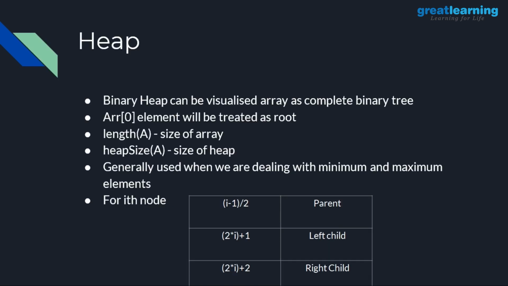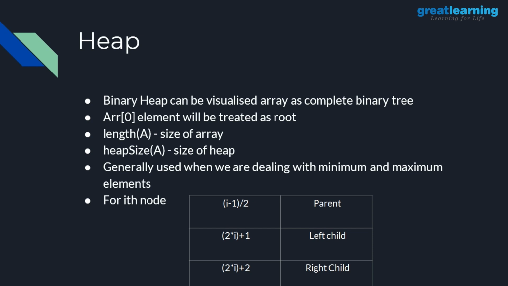Okay. So now let's talk about the heap data structure. Basically, we are going to represent heaps as an array, but we will visualize it like a complete binary tree. What do you mean by a complete binary tree?